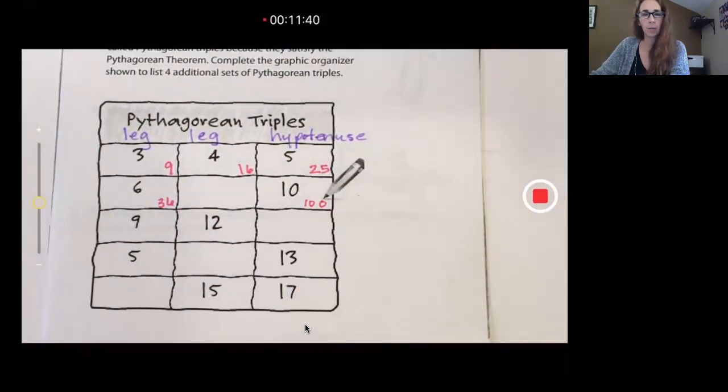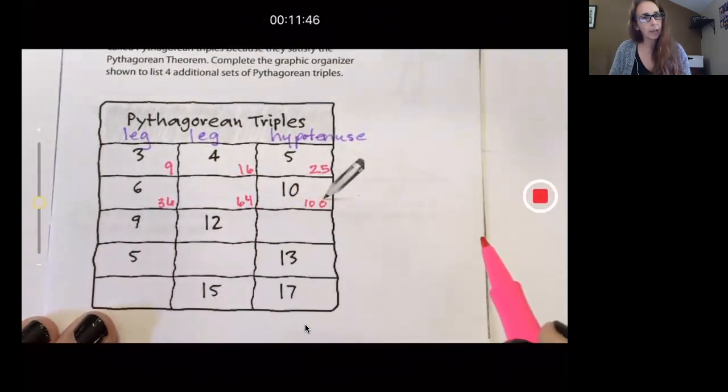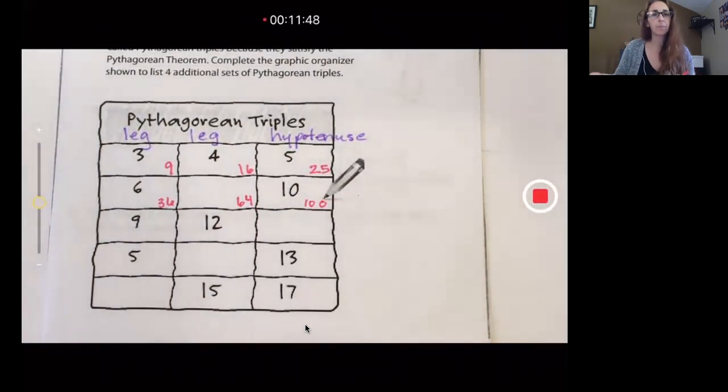Did you get 64? And then the square root of 64, because that side length can't be longer than 10. So we're looking for the square root of 64, which is, you got it? 8.